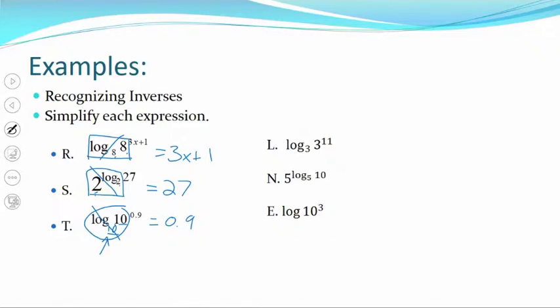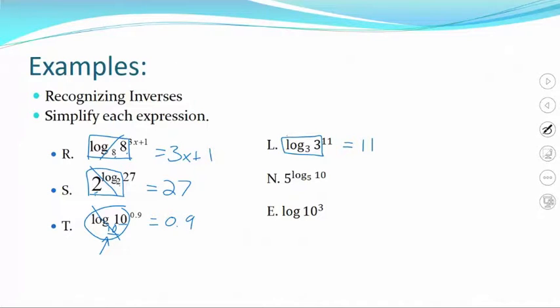So for L, same thing, we're just going to have 11 because the log base 3 of 3 cancels out, they're inverses. Oh, I remember what I was going to say. The inverses of logarithms are exponents and the inverses of exponents are logarithms. Think back to when we did radicals, square roots and cube roots. We took the square root of something if we wanted to undo it to the second power.